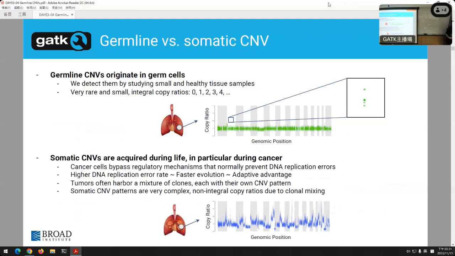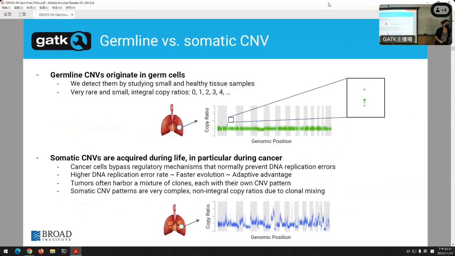Okay, so we've just been talking about somatic CNVs and how in tumors, they can accumulate really wild and crazy mutations, really huge stretches of the genome can get duplicated or deleted.